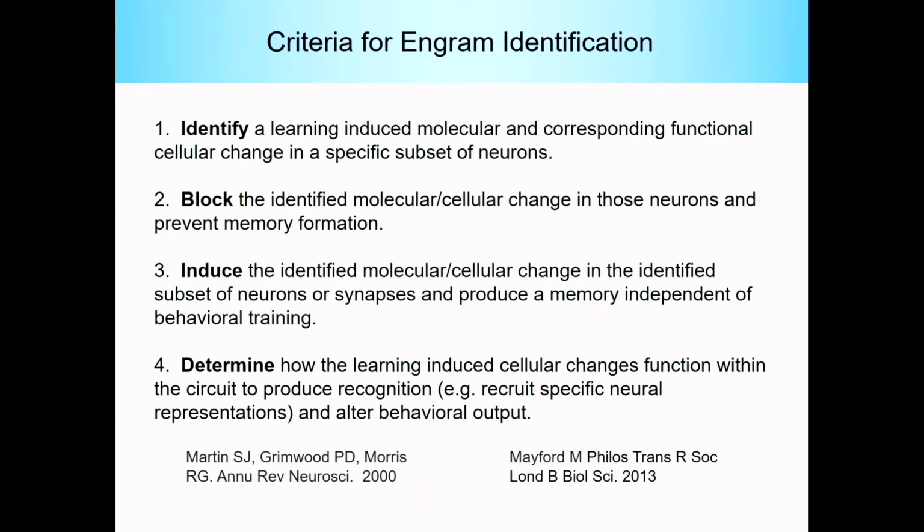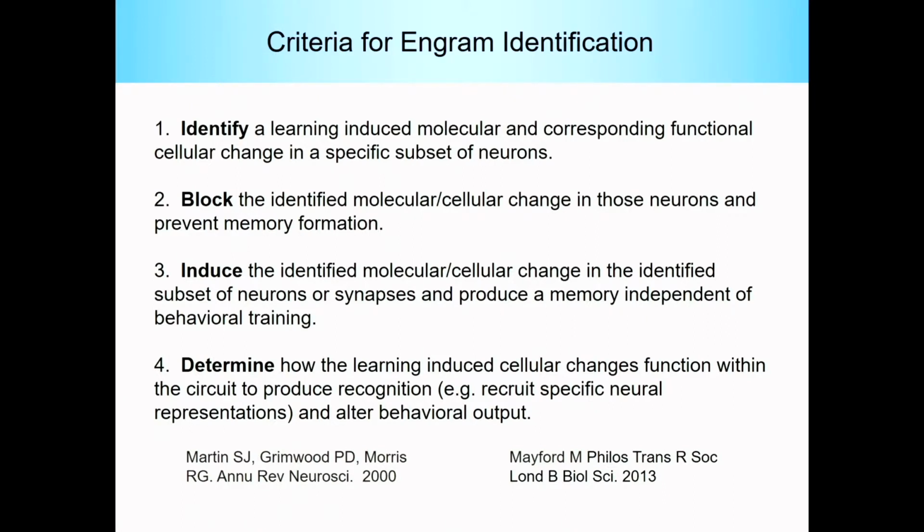So I would outline a set of criteria that were originally outlined by Richard Morris, and we revisited that in a review of how we would know whether we had found this underlying physical change that ultimately underlies a given memory. So there is no such thing as the engram.